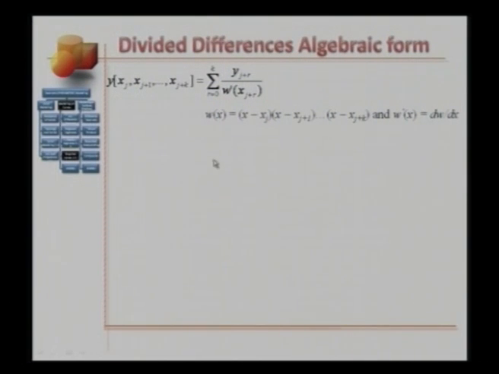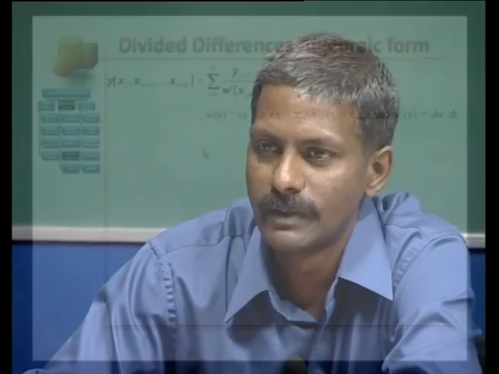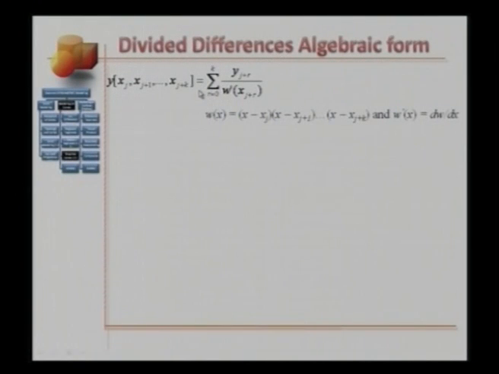Too many indices, and it might not be very clear to you in the first go. Once again, try to remember these terms. So here index r goes from 0 to k. K corresponds to the last index j plus k. So this is k here. Y of j plus r, r is going from 0 to k. That would mean that we are considering the y's corresponding to xj, xj plus 1 up till xj plus k over w.